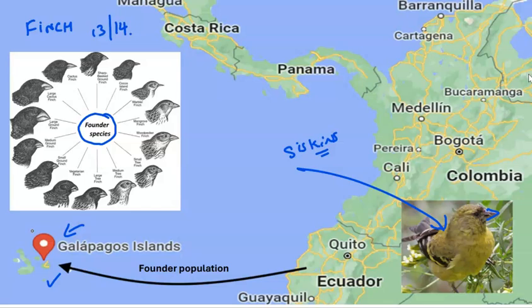Most famously first identified by Charles Darwin in his visit to the Galapagos. But the true work on the Galapagos finches was carried out by Rosemary and Peter Grant.